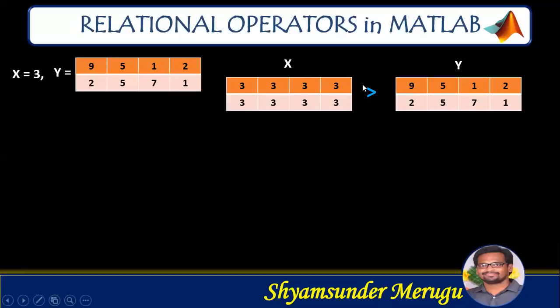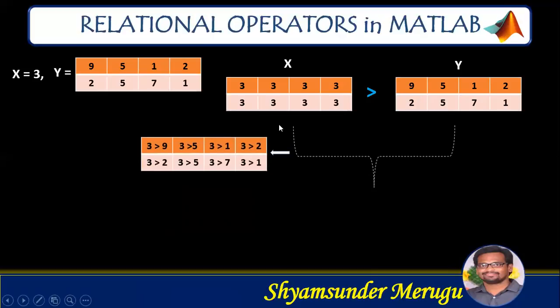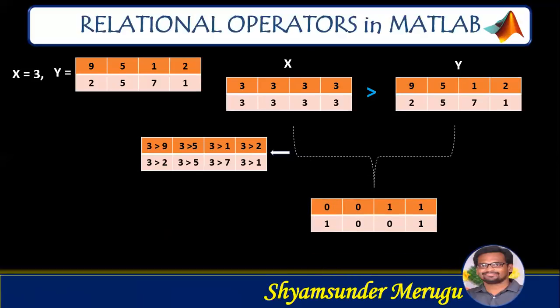Later we carry forward the relational operator. Here it is the greater than operation. When the operation is performed, the correspondingly positioned values of the variables x and y will be compared. If that is true, then we get logical 1 as the output. If it is false, then we get logical 0 as the output. So here is the logical output.